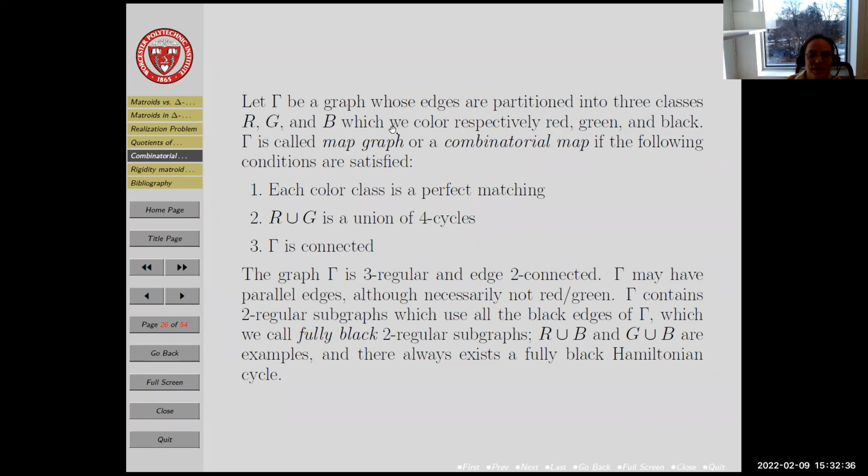So I want to start out with a graph that has edges of 3 kinds, the red, green, and the black edges. And each color class should be a perfect matching. And red and green, they came from the edges. They should just be forming a union of 4-cycles. And overall, the map graph should be connected.